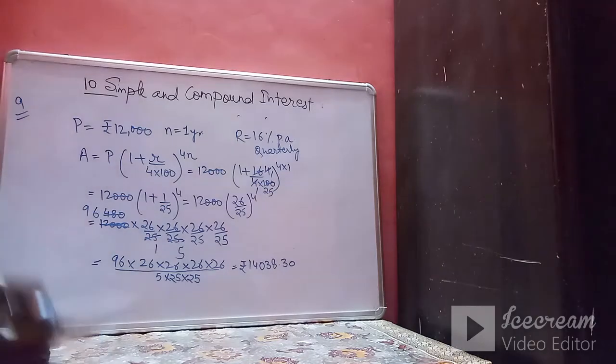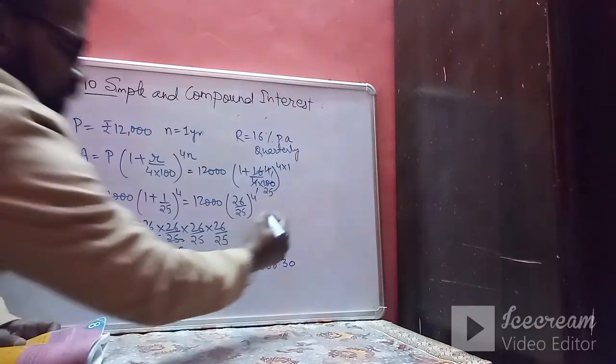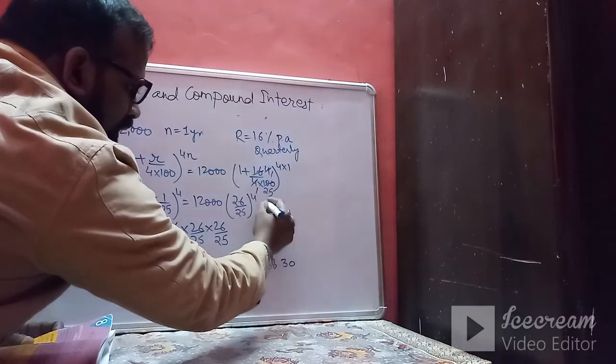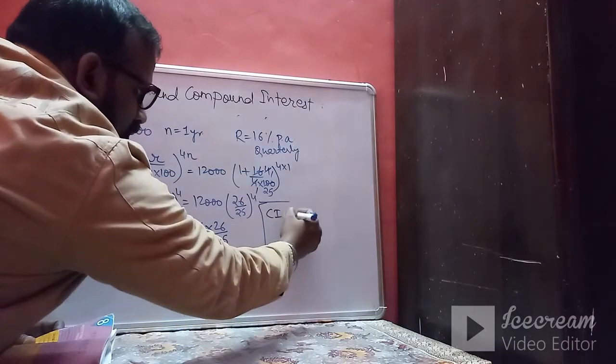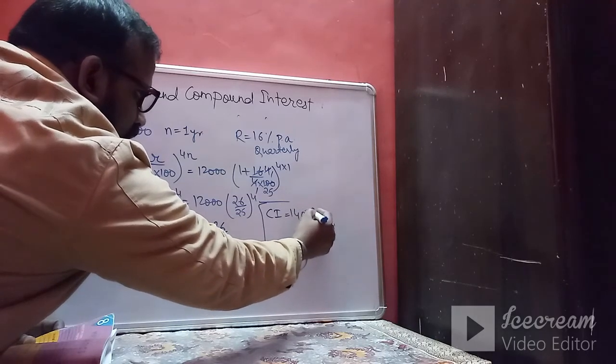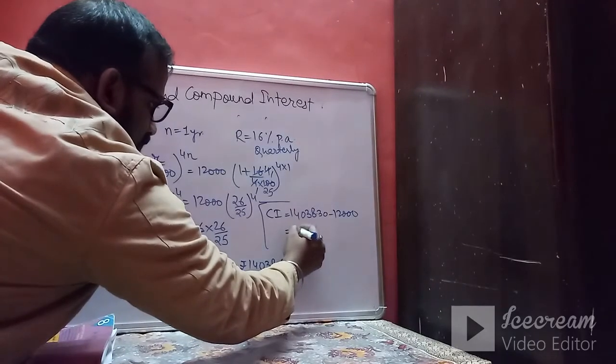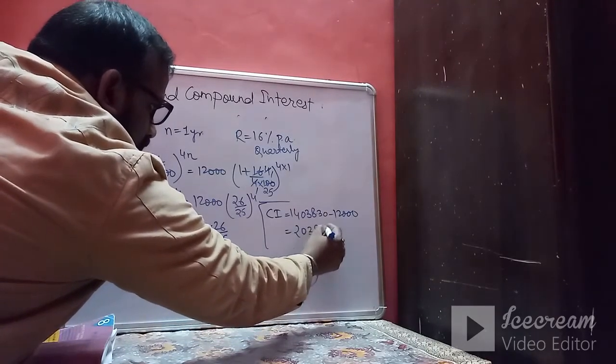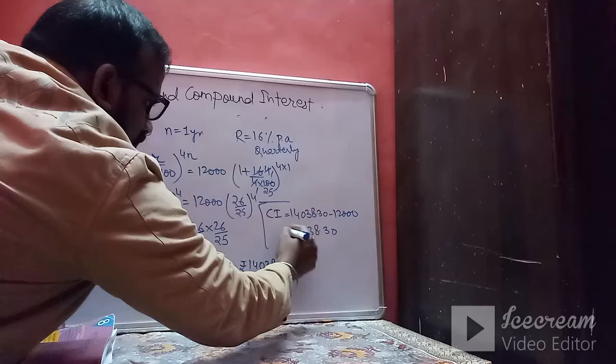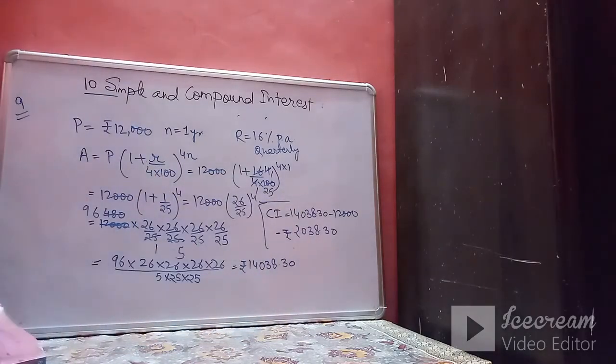So what will be our compound interest? Here I am calculating, 14,038 rupees 30 paisa minus 12,000, that is 2,038 rupees 30 paisa. So this will be the compound interest.